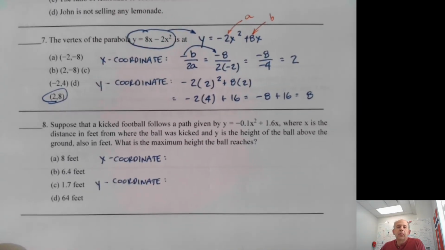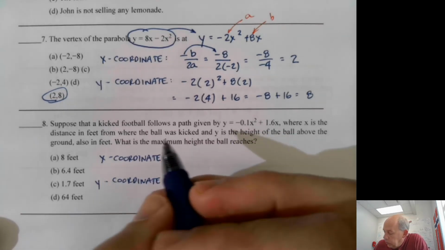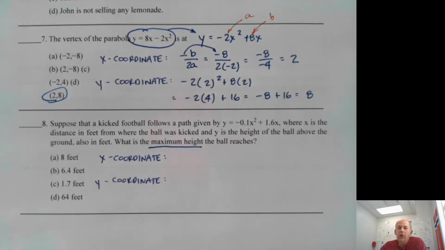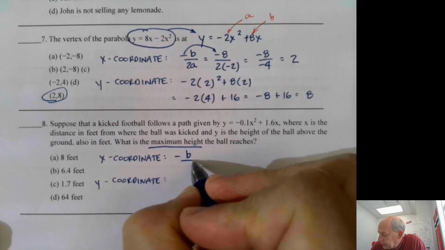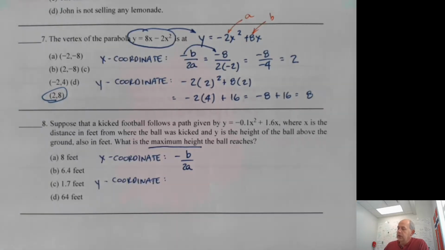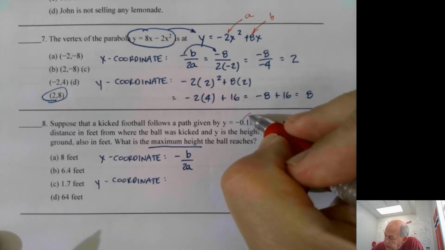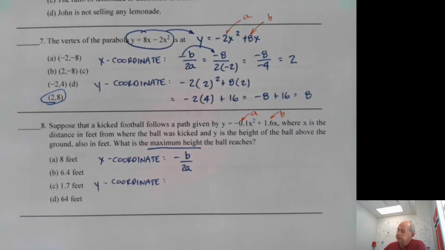Let's take a look at number 8. Basically the same thing, except we're talking about a football that's been kicked. We want to find the x and y coordinate, the maximum height of the ball. So let's do the exact same process. The x coordinate of this vertex is negative b over 2a. This model is in standard form.